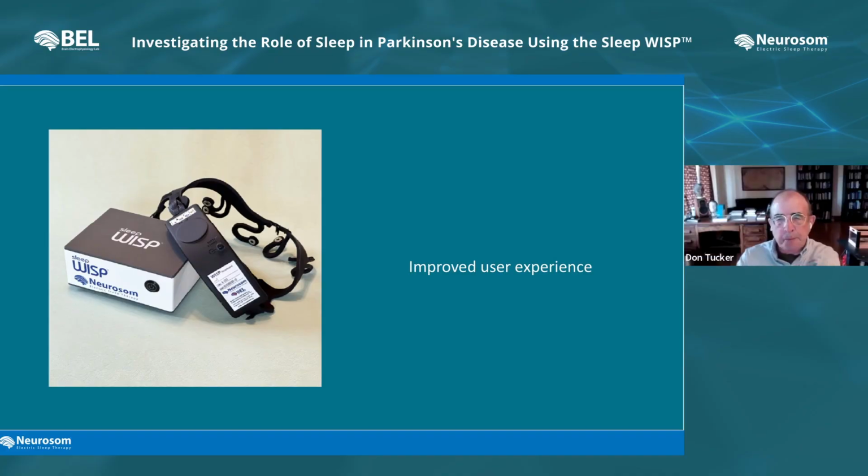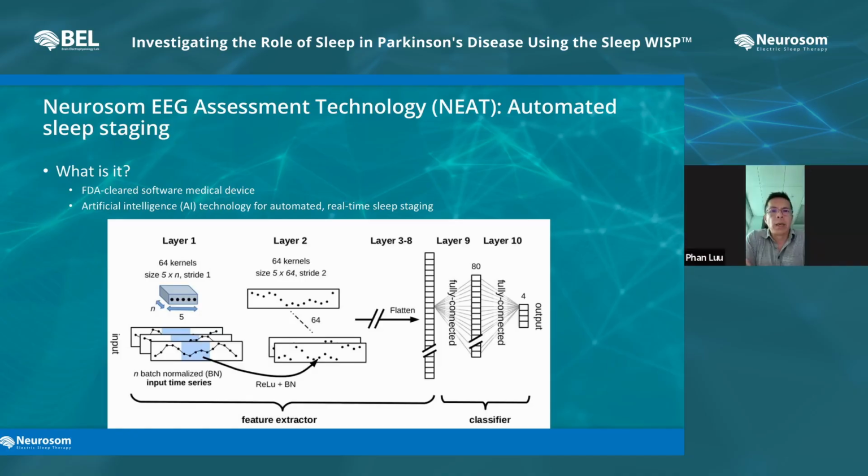Great. Thanks, Roma. So as we started the project for automated sleep staging, the goal was really to make it such that we could do closed loop neurostimulation using the WISP.